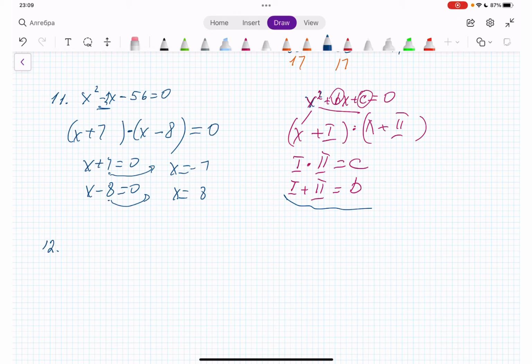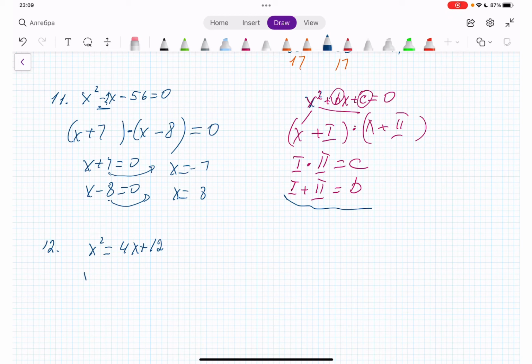Let's see what we have. Number 12. We have x squared is equal to 4x plus 12. Okay, just in case you are looking for a trinomial quadratic equation, because we have x squared, we have x, I'm going to move 4x and 12 to the left side.